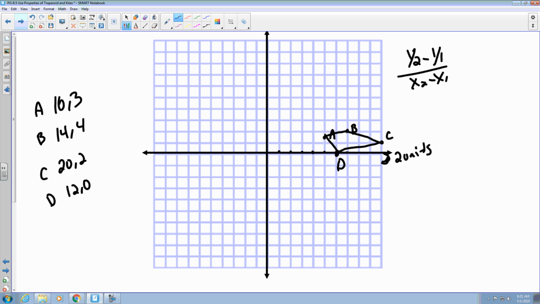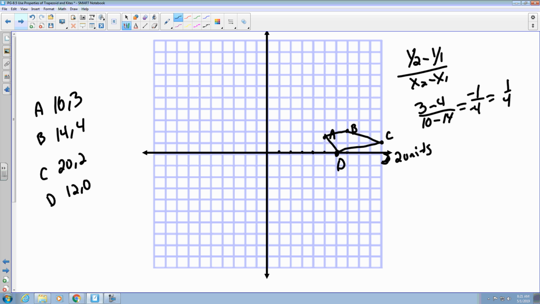Between A and B, I get 3 minus 4 over 10 minus 14, which gives me negative 1 over negative 4, and I get 1/4 as my slope there.